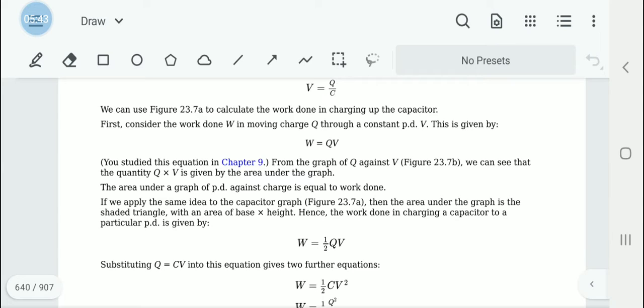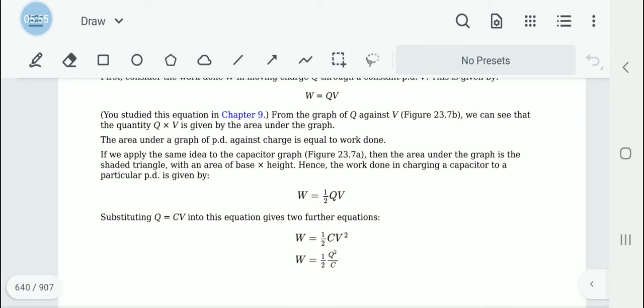So we learned earlier that when moving a charge Q through a constant potential difference of V, the work done would be W equals QV, right? So we now understand that the work done when charging a capacitor is W equals half QV because it is a triangle.